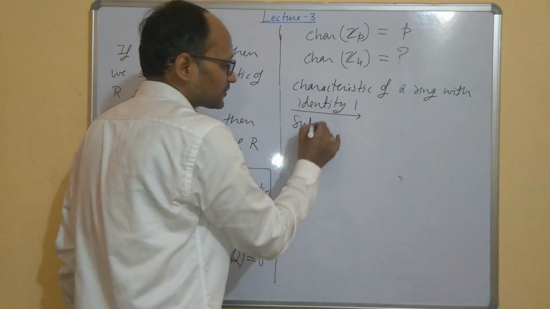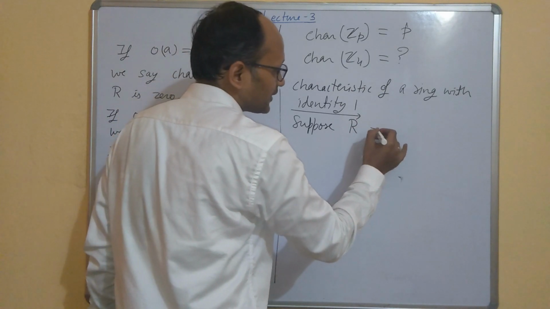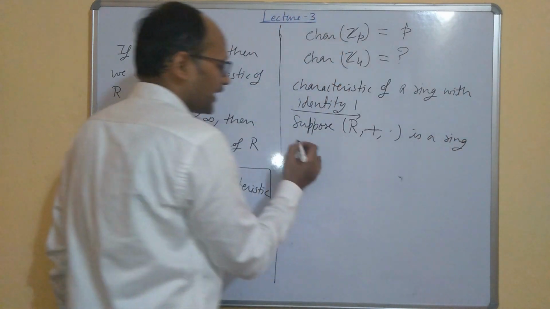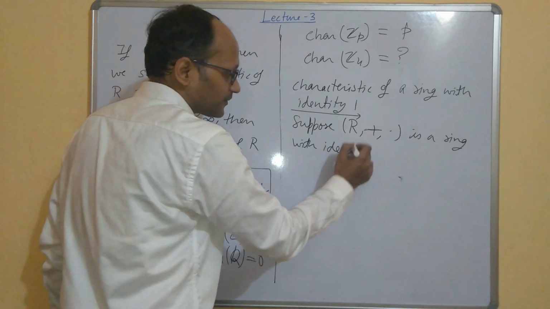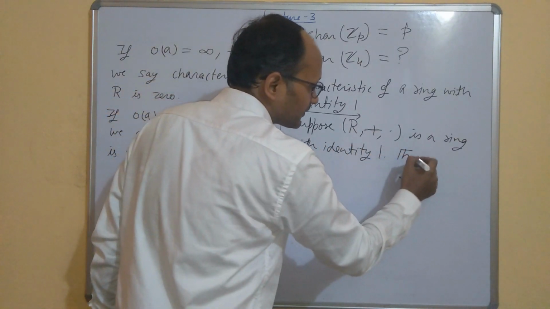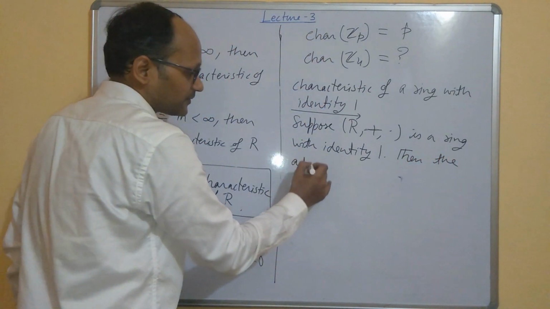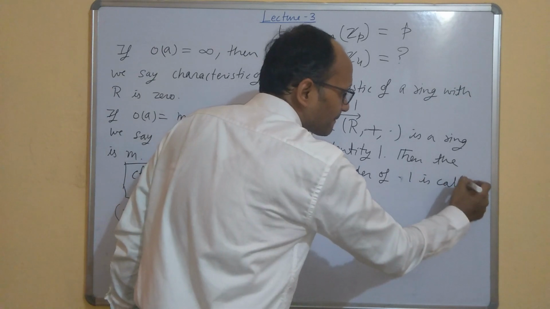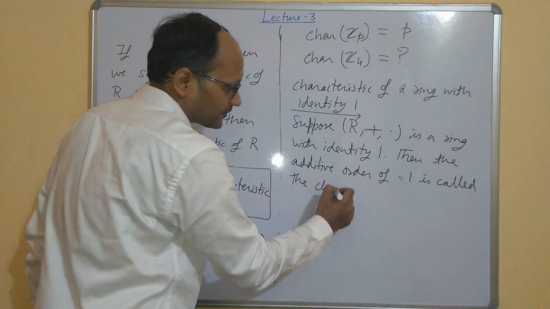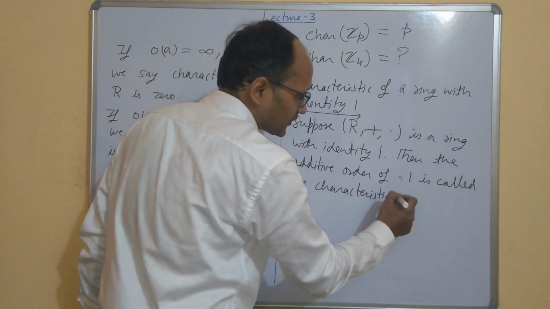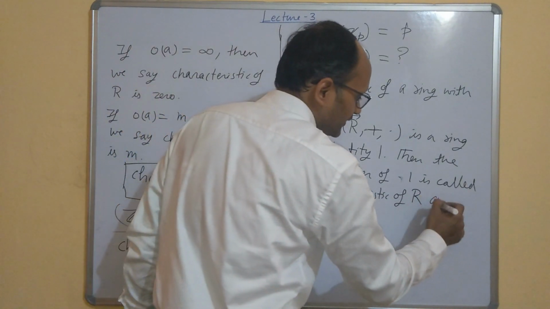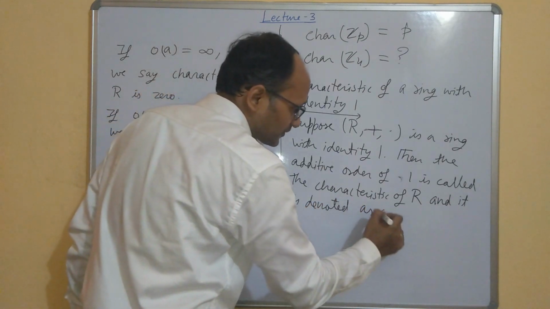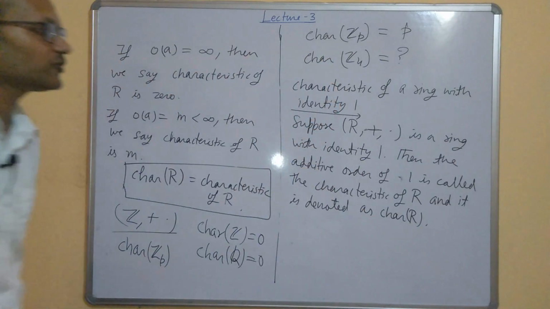So suppose (R, +, ·) is a ring with identity 1, then the additive order of 1 is called the characteristic of R, and it is denoted as char R. So we denote it like this.